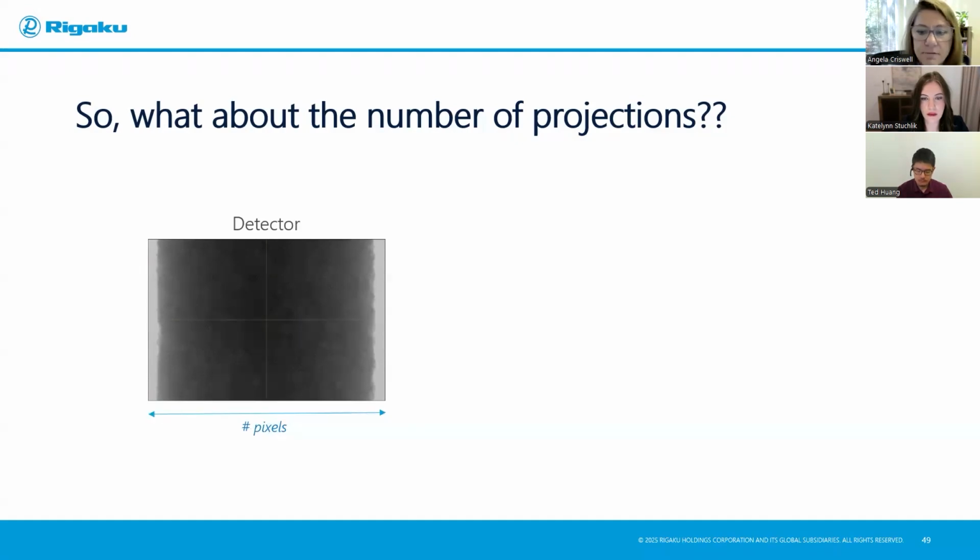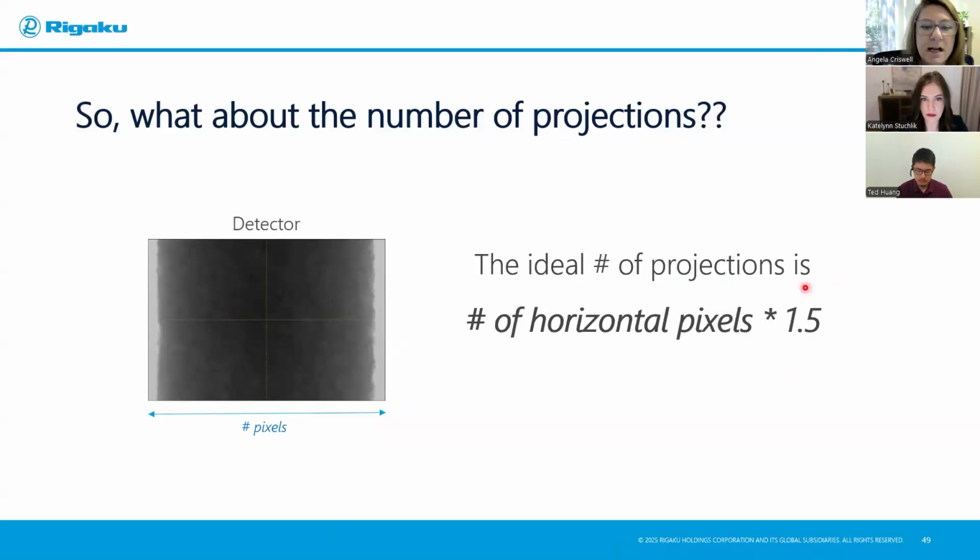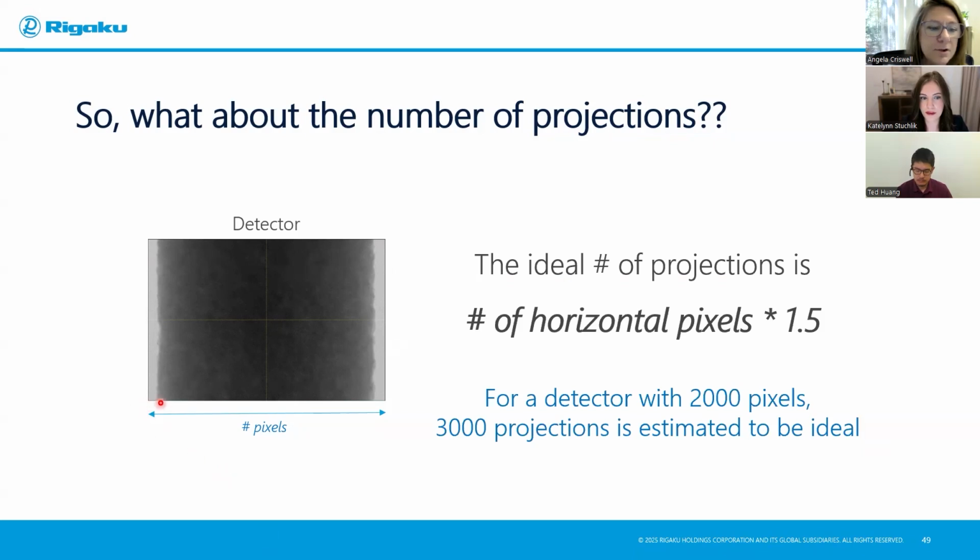Well, you look at the number of pixels along the horizontal direction of the detector, and you multiply that times 1.5. I've also seen 1.6 mentioned by Duplessis in that earlier reference that Caitlin shared with you. So, for example, if we have a detector with 2,000 pixels in the horizontal direction, then the estimated number of ideal projections is in the range of 3,000.